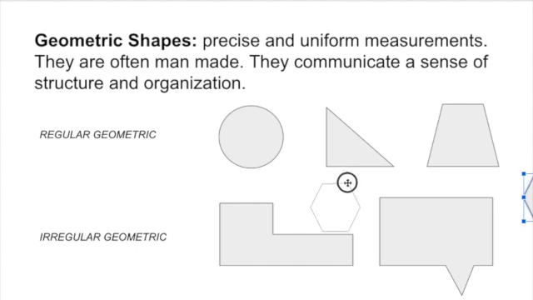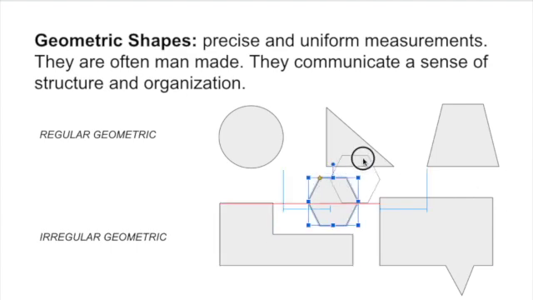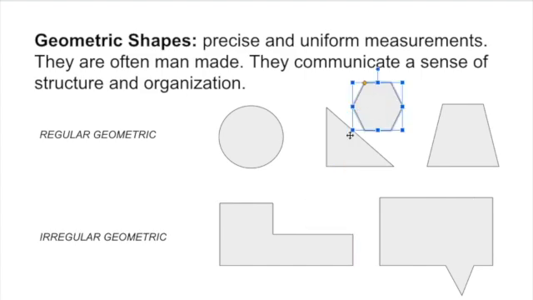So we have a hexagon here and a hexagon here, but this is the one that we would consider to be a regular shape. Likewise, here we have 1, 2, 3, 4, 5, 6, 7 sides, and we could create a regular 7-sided shape, okay? But this one doesn't fit that normal convention. So we have these irregular geometric shapes as well.